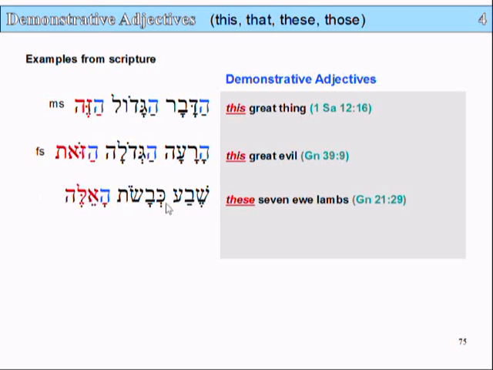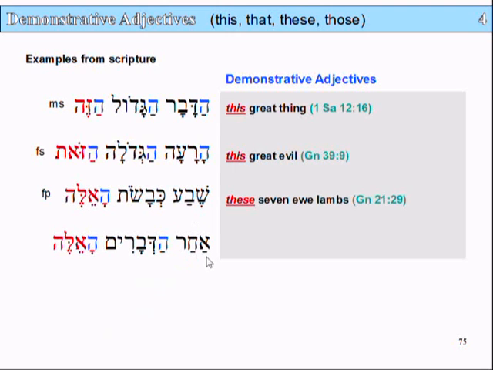Okay, so there's more than one, there's seven of them, so it's the feminine plural version of the word for lamb, ewe lambs, kevasot, and we therefore use the feminine plural, ha'alei, these. Again, go over these slides and learn these words, zeh, zot, and alei. Let's have a look at another one.